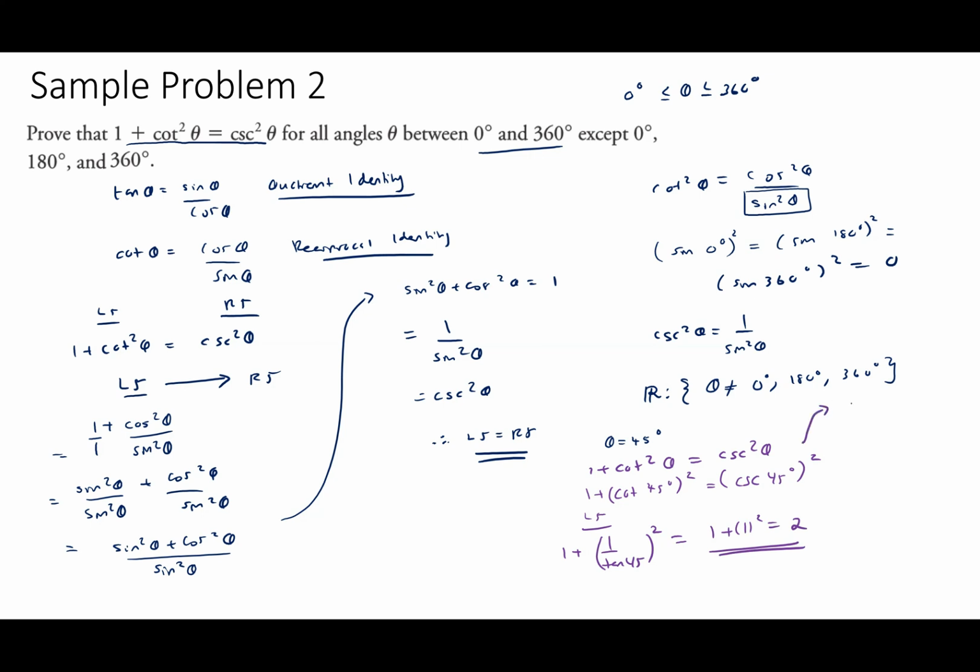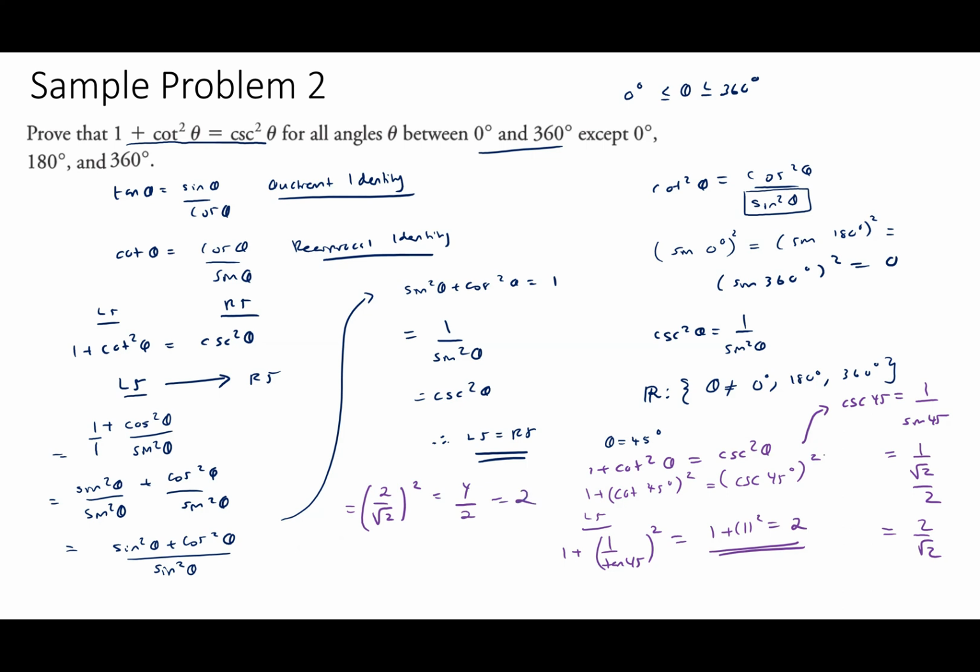On the right side, cosecant 45 is basically 1 over sine 45, and sine 45 is square root 2 over 2, so 1 over that is 2 over square root 2. Now, because we're looking at cosecant 45 squared, if you have this value squared, then we should have 4 over square root 2 squared, which is 4 over 2, which is 2.